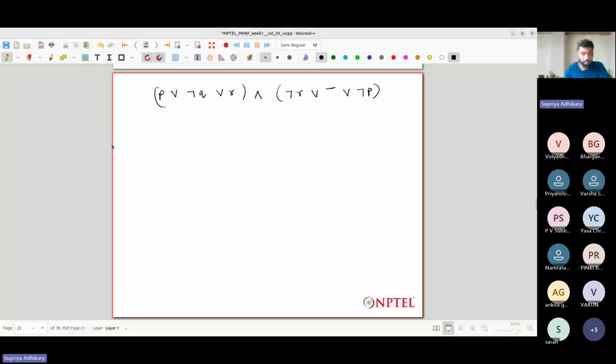Now, finally, we have part D. In D, we have to show that the duals of equivalent compound propositions are also equivalent.